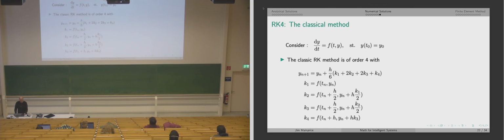then the RK method of order 4 would look something like that. We would compute the first order derivative at that point, then we'd compute it at that point.